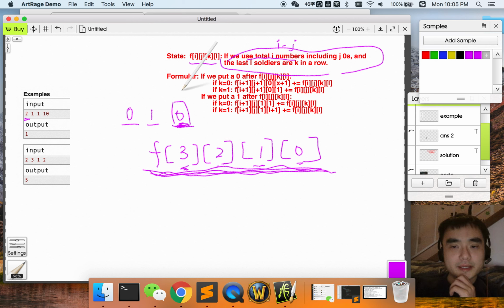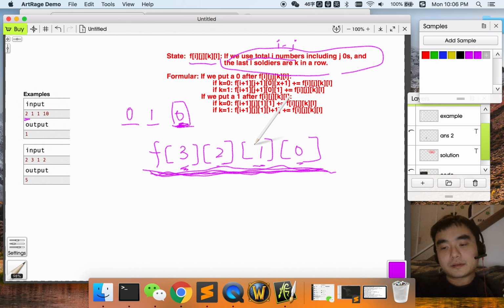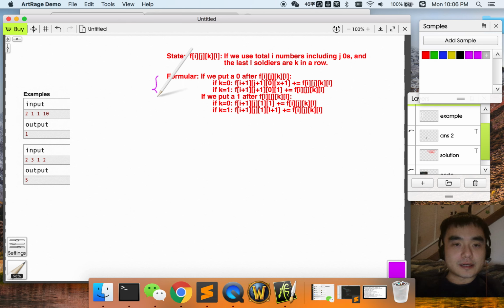So how do we deduce all these values? This is the way we calculate all those f's. So let's say we already calculated f(i, j, k, l).